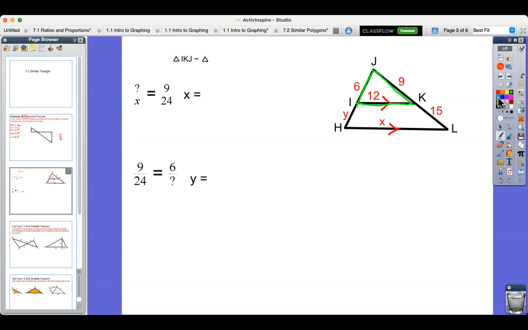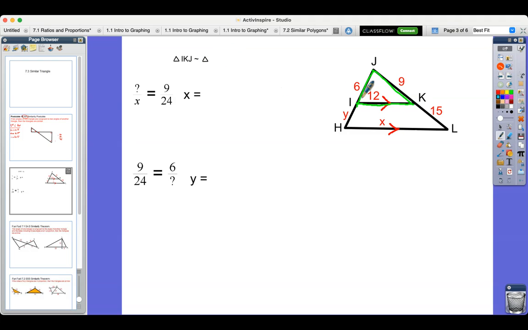Remember, there are still special things about parallel lines, and we're going to use those old parts we learned: alternate interior angles, alternate exterior angles, corresponding angles, and consecutive interior angles. Remember, consecutive interior angles mean the two angles equal 180 together. So triangle IKJ should be similar to which triangle, y'all?